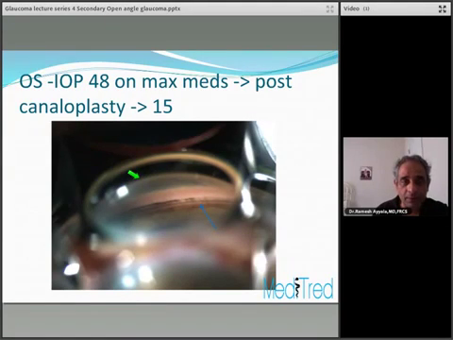I chose to perform canaloplasty in this particular patient, and I don't have a picture of the gonio before canaloplasty, but I swear the patient had 3 to 4+ dense pigmentation, but after canaloplasty, the amount of pigmentation is decreased.